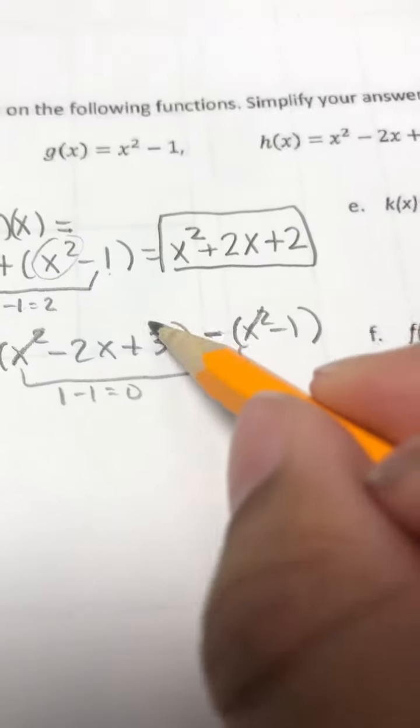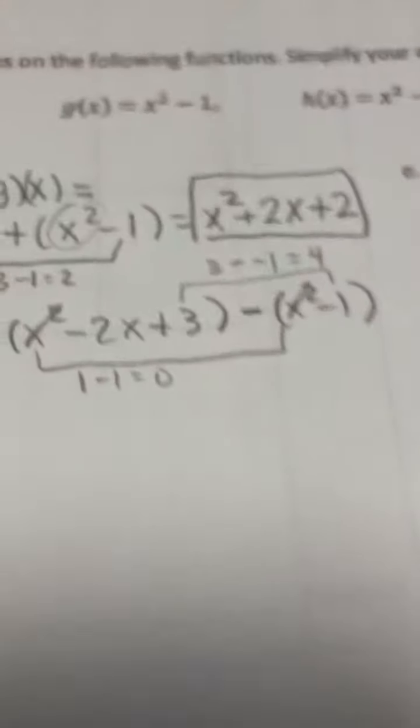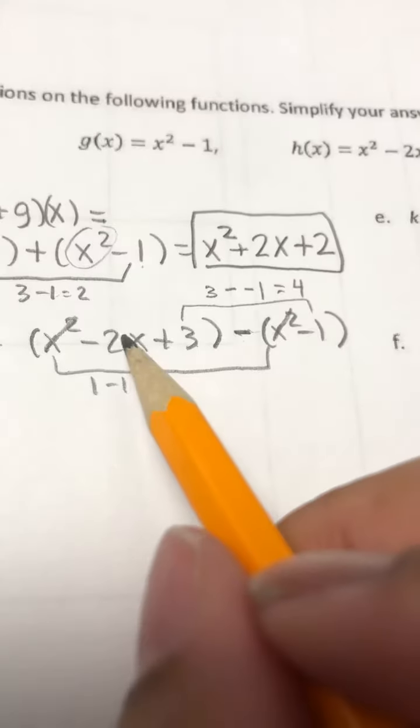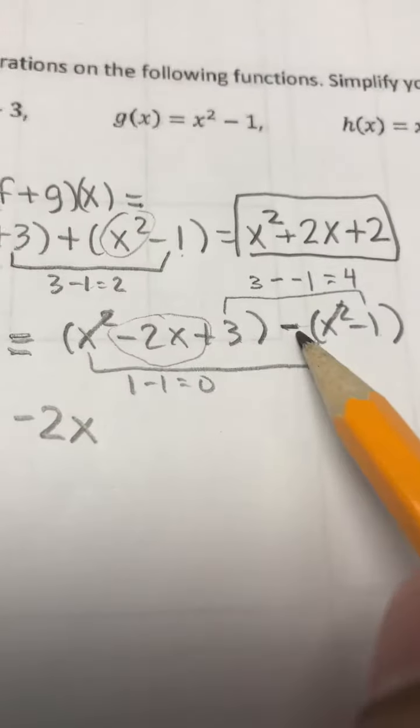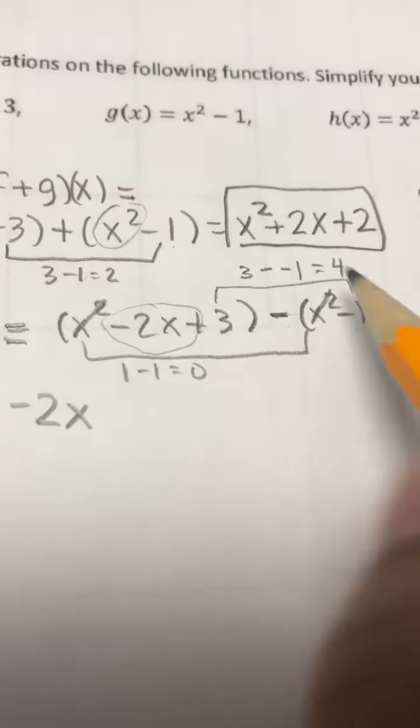And then the only other like terms I have are 3 and the negative 1. So 3 minus negative 1. That's equal to 4. So I'm going to write what I have left. I have negative 2x. And I have 3 minus negative 1, which is positive 4.